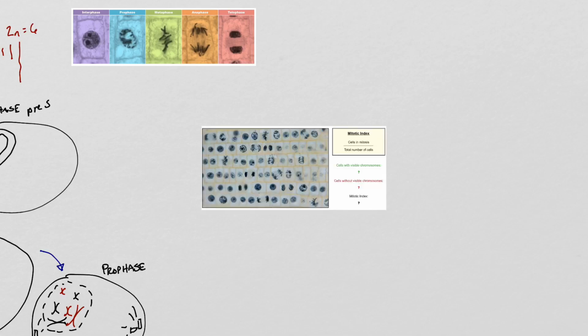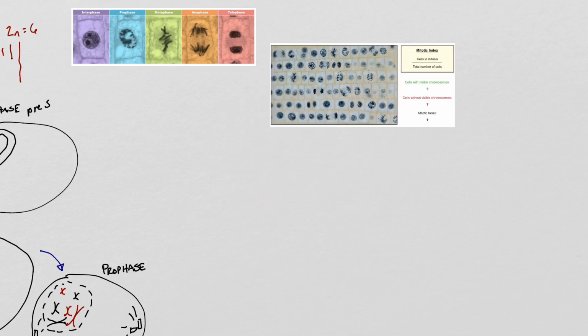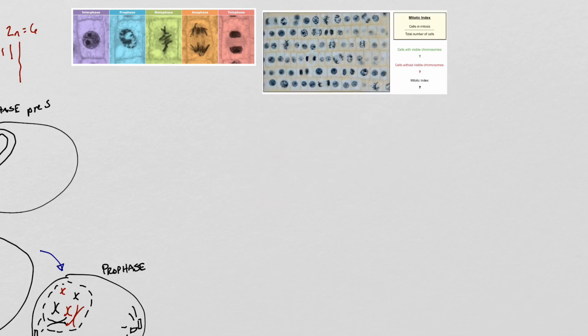And when you're growing, you need more cells. And so because you need more cells, your cells are going through mitosis a whole lot. Okay. So that's why onion roots are really good to see a lot of cells in mitosis.